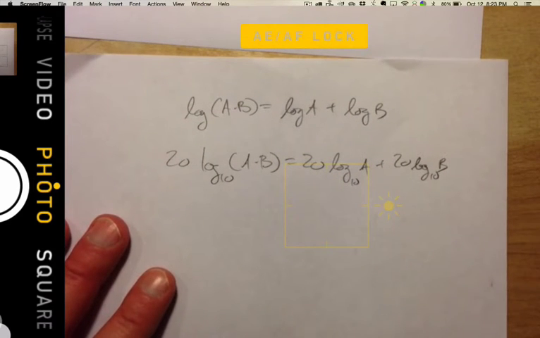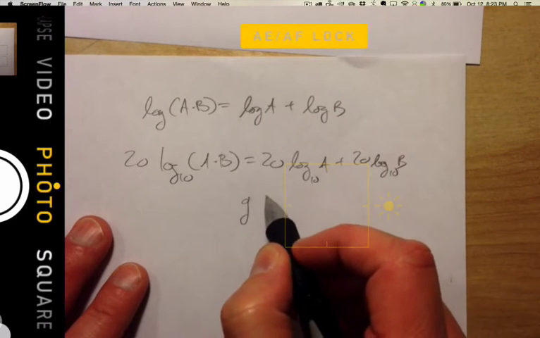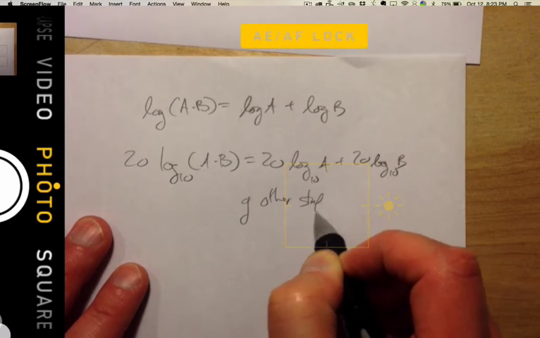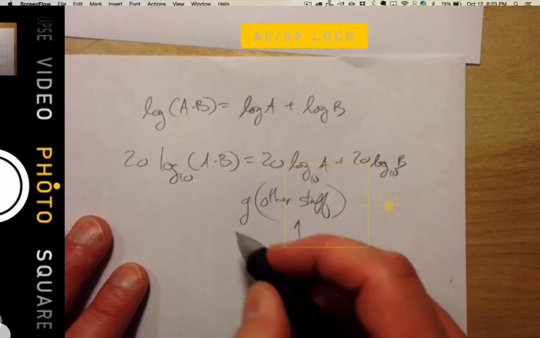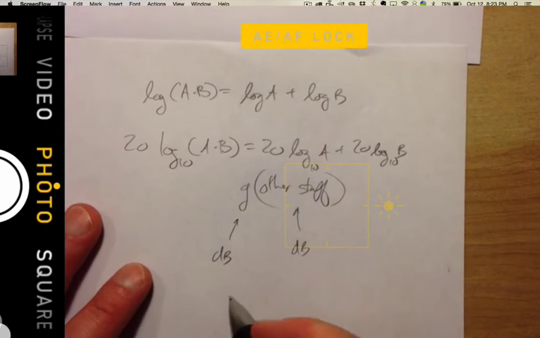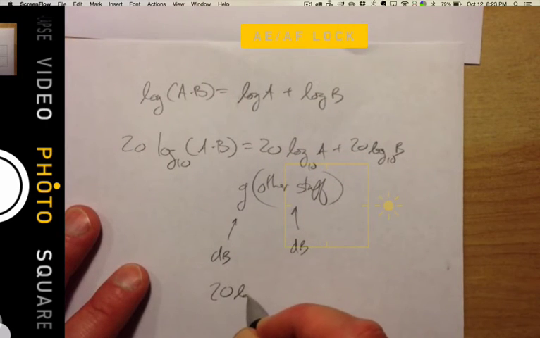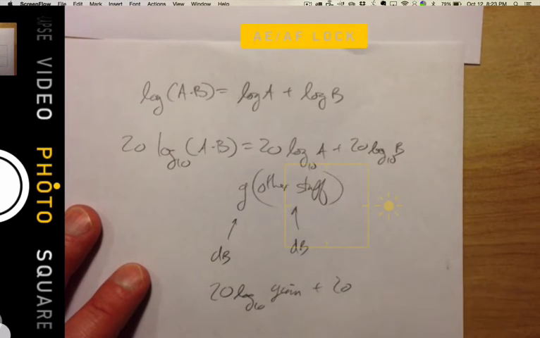So if I have a gain g times my other stuff, there'll be a dB value from each, and the gain will just add. I'll have 20 log 10 of my gain plus 20 log 10 of my other stuff.